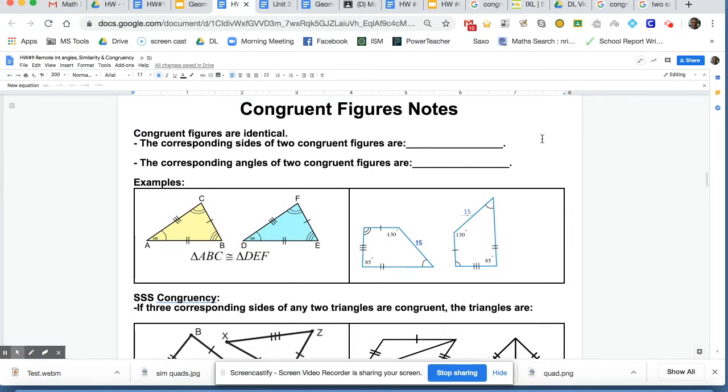Now let's look at congruent figures. Congruent figures are actually a little bit more simple. They're just identical. So when we looked at translations, rotations, reflections, those were all transformations that produced congruent figures.